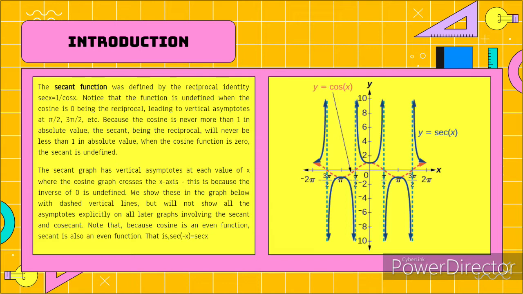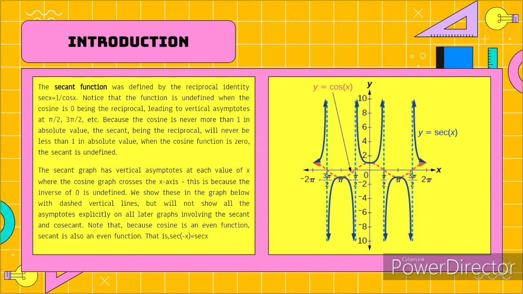We can graph the secant function by observing the graph of the cosine function because these two functions are reciprocals of one another. As we can see, the graph of the cosine is shown as a dashed orange wave, so we can see the relationship, where the graph of the cosine function decreases and the graph of the secant function increases.